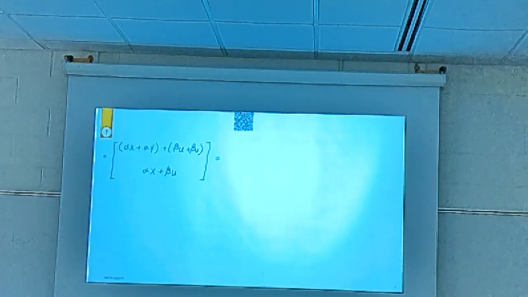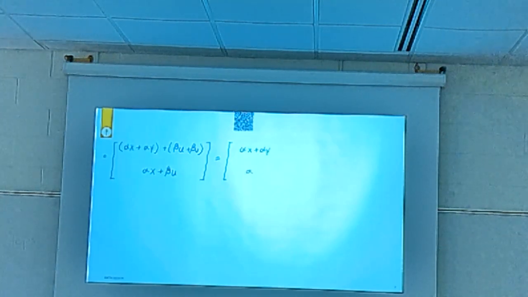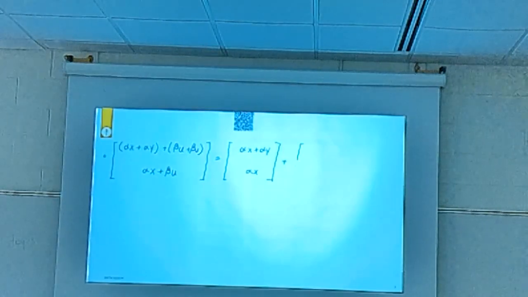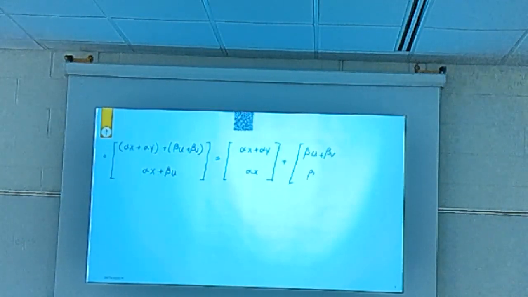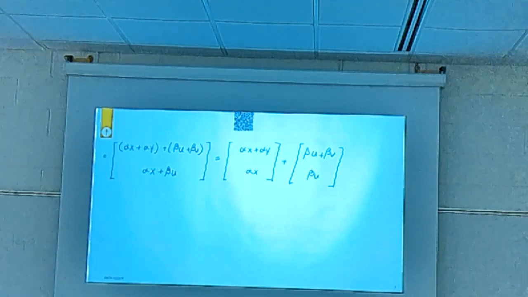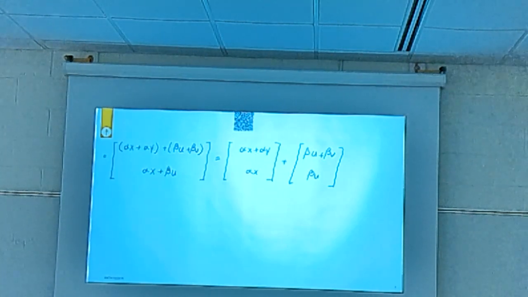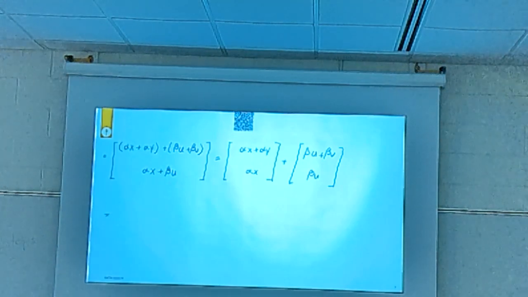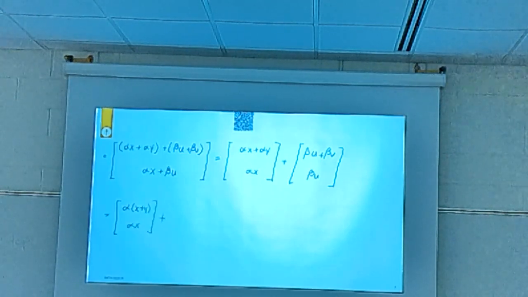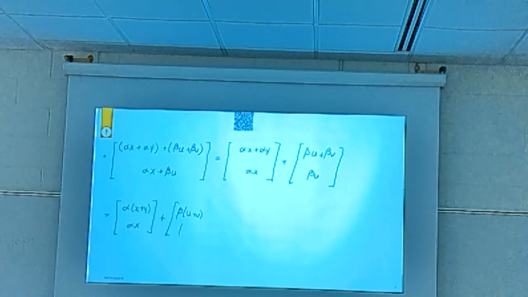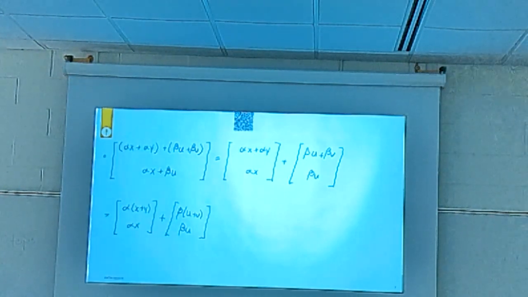Can't we write this as the sum of two vectors? The first vector, the first component has an alpha in common factored out.